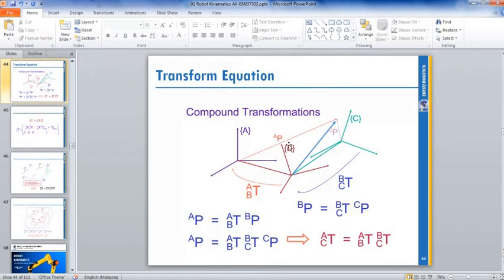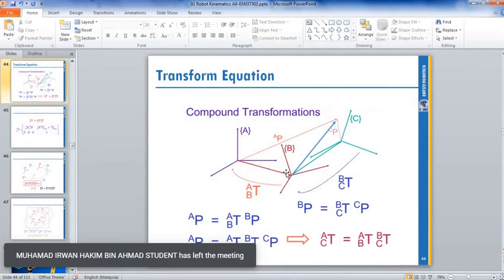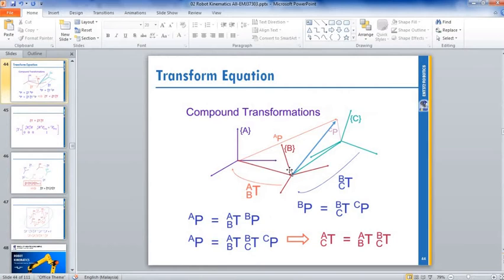Unless, for example, the Z axis here is vertical. So that means you know that frame B rotated on the Z axis. So it is easier, and your calculation is shorter. But now you see all axes are changing. So when all axes are changing, at minimum 2 axes rotate.